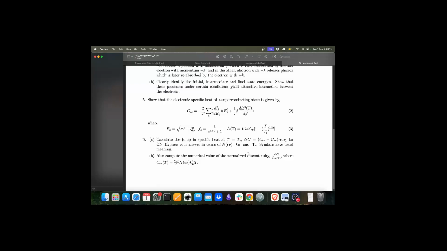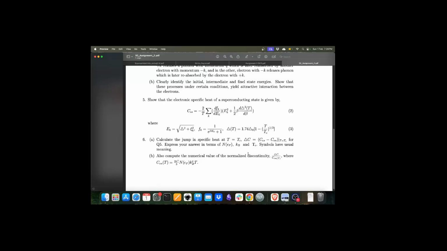So epsilon k square means simply epsilon k square, and then CEN, the normal electronic specific heat that we know as a function of temperature.